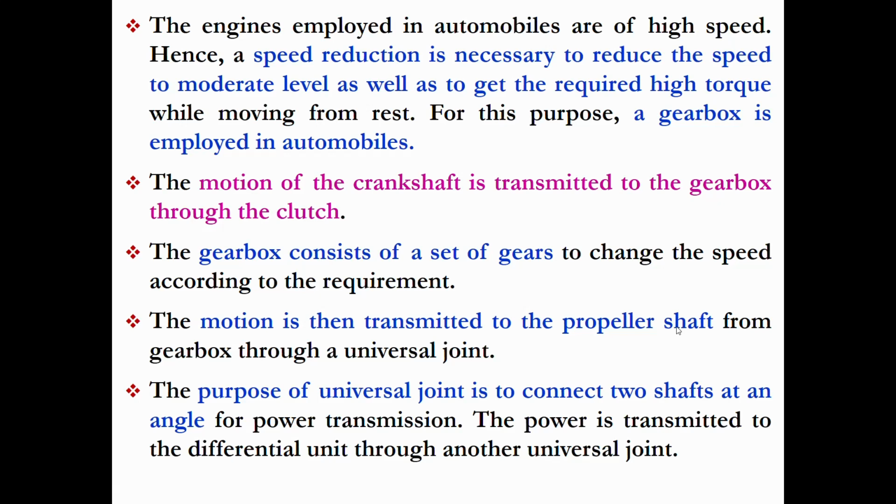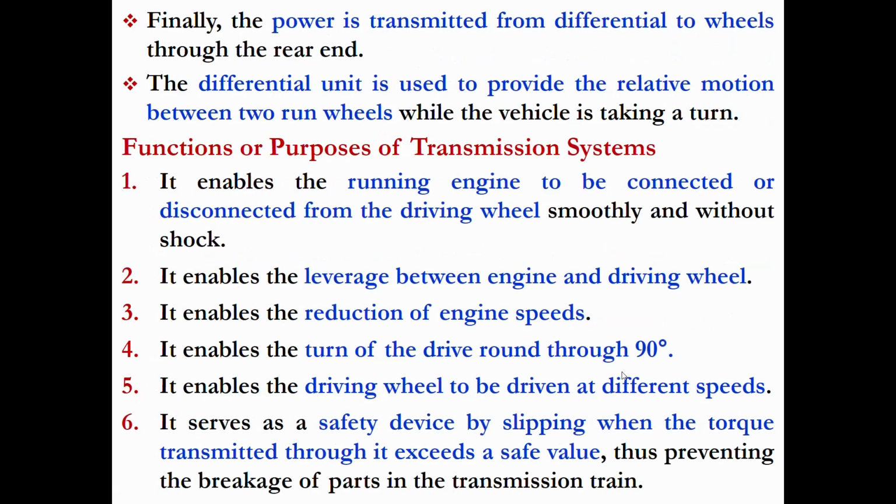The differential is kept at a particular height compared to the engine. Normally the engine is kept at an elevated position compared to the location of the differential. So to transfer the power in an inclined fashion, we need the support of the universal joints.